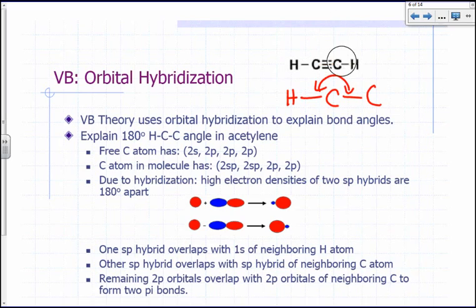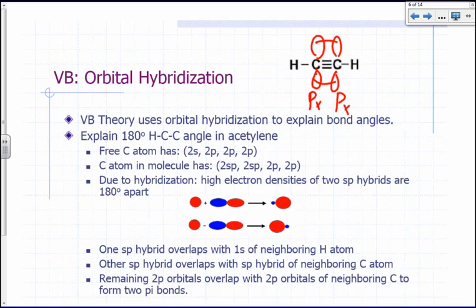Well, first of all, the second and the third bond between these two carbon atoms, we said earlier, is due to pi bonding. So we say it's due to overlap between neighboring p orbitals. You might have a px orbital on this carbon and a px orbital on this other carbon. The overlapping of those two gives rise to one of the two pi bonds.